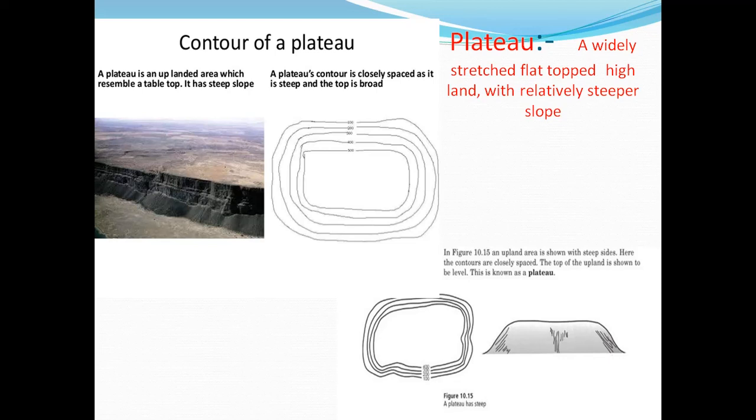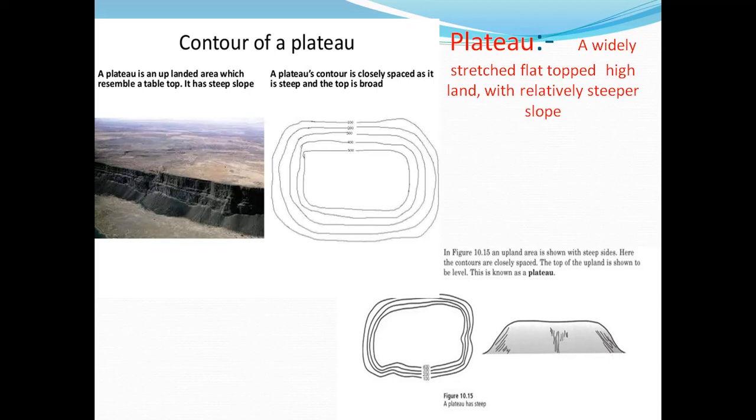With a very big plain area, it has a steeper slope rising above the adjoining plain. From that plain area it just rises above, or it can also be found near a sea.